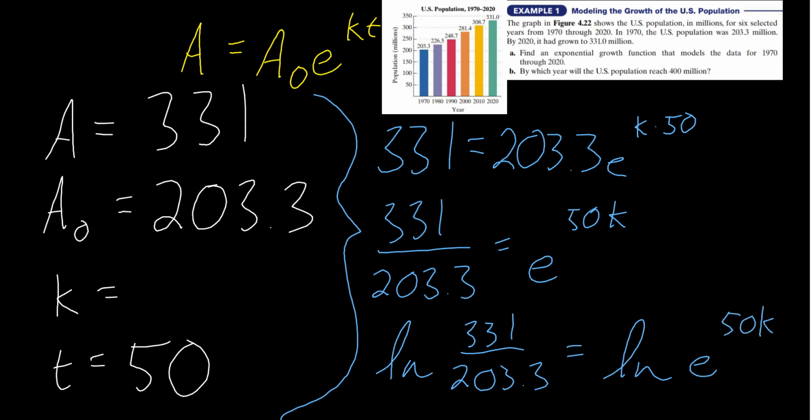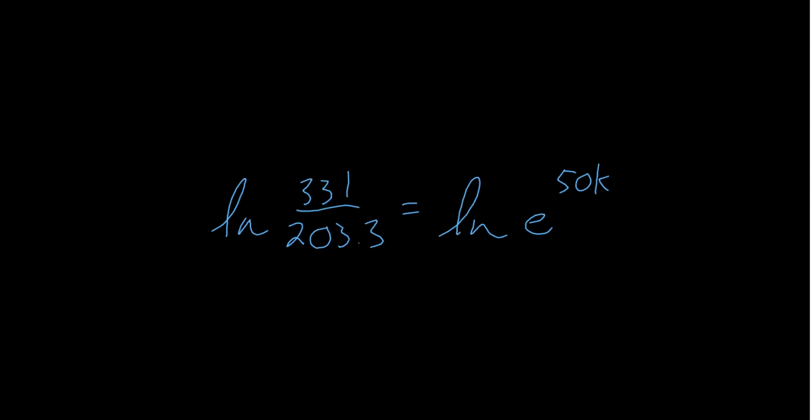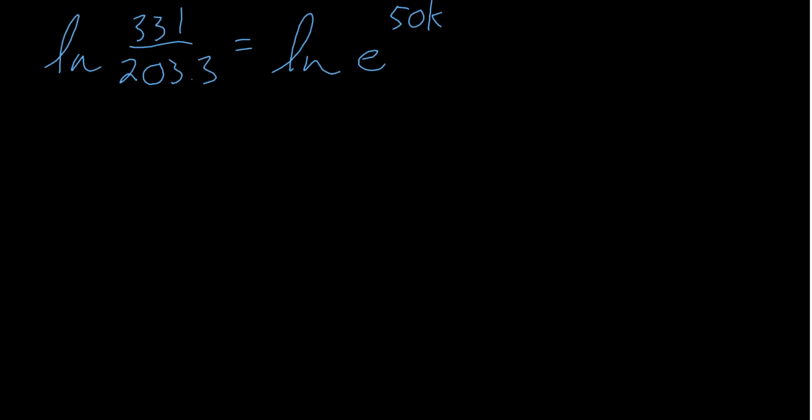Right now, obviously, we're out of space, so let's go ahead and create that space. Like so. All right. Well, the left side, we're just going to leave it the way it is. It's just going to be a natural log of 331 over 203.3. I know that is some value. Well, the right side, though, the natural log of E, right?